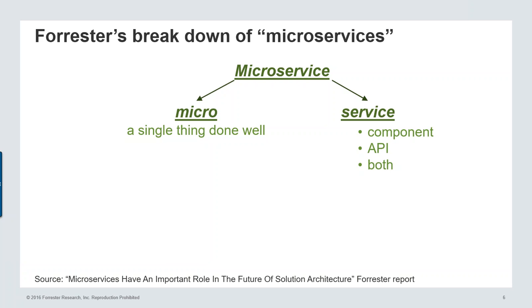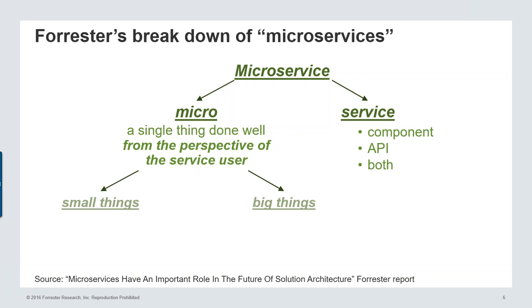Well, I'm in San Francisco right now, and if I want to fly home to Dallas, that's one thing that I want done well. To the airline, it's hundreds of things that need to be done well. So the micro bit is best understood as a single thing done well from the perspective of the service user, which means that it may be a small thing, or it may be a big thing.